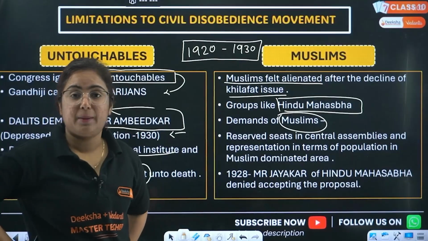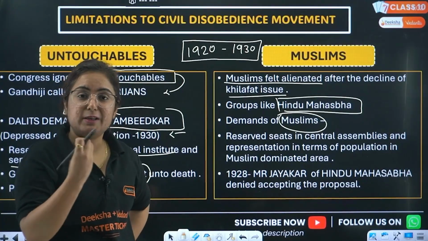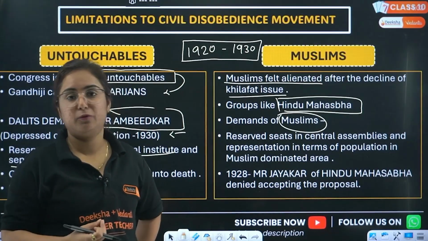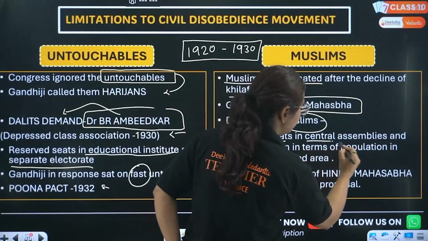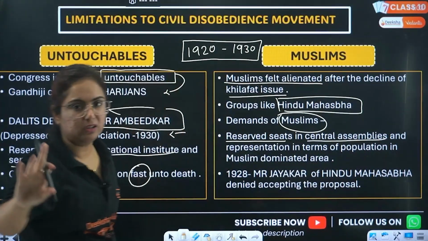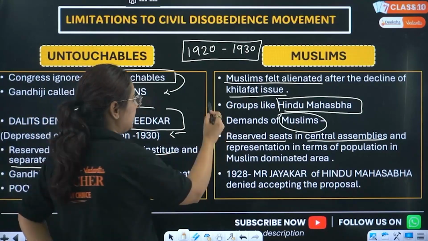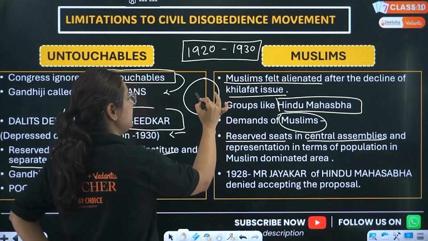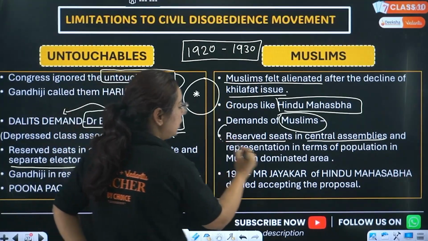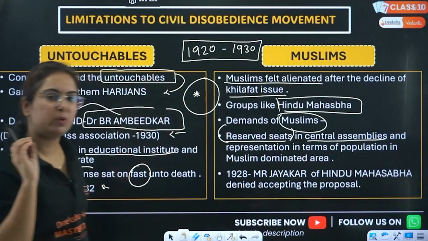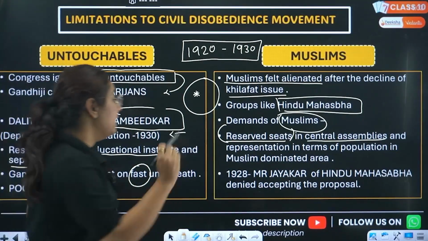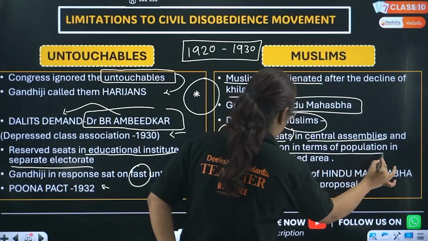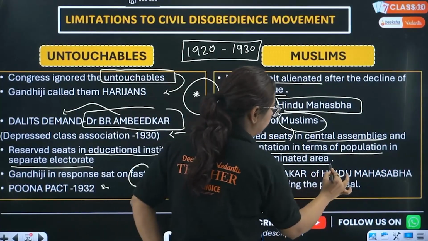So what happened when the seats were less? Now they felt that these demands are to be fulfilled. What were the demands? First, reserved seats in central assemblies. There will be a central assembly for the entire nation, and we want reserved seats there because we are less in number, that means a minority. Second, representation in terms of population in Muslim dominated areas.